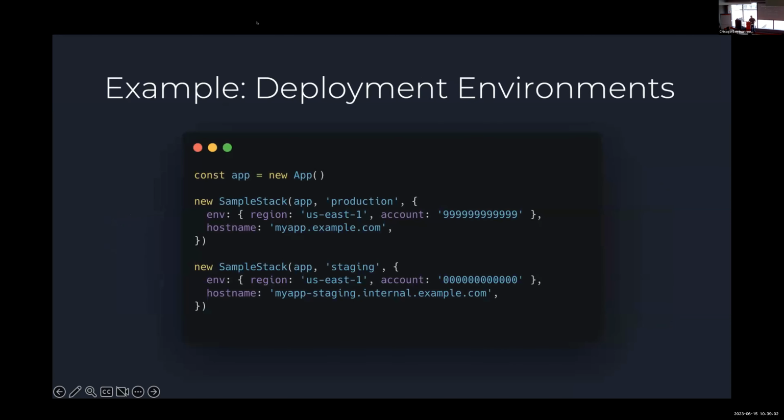So I mentioned the deployments example. Here is a streamlined and simplified example of that. In this case, everything's going to the same region, 2 different accounts. We have different host names that we need to use with this sample application, and we can customize those each for the different deployment environment we have.